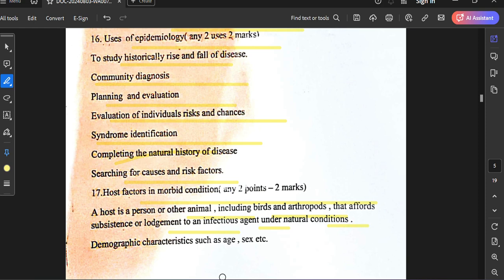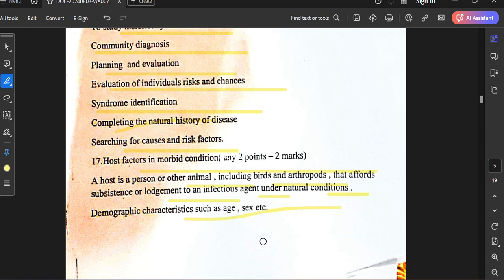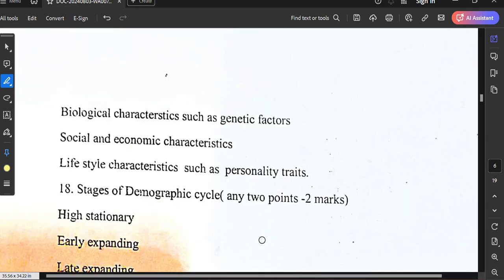The demographic characteristics, such as age, sex, etc., of the host are always evaluated. The biological characteristics, such as genetic factors, social and economic characteristics, and lifestyle characteristics, such as personality traits, etc.